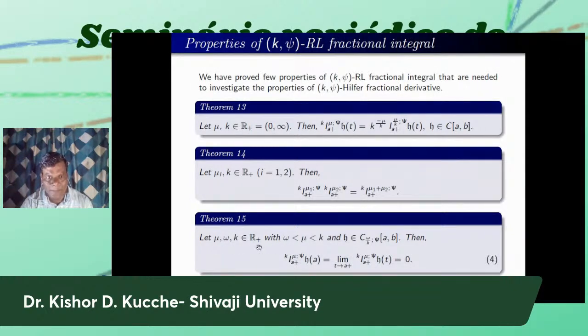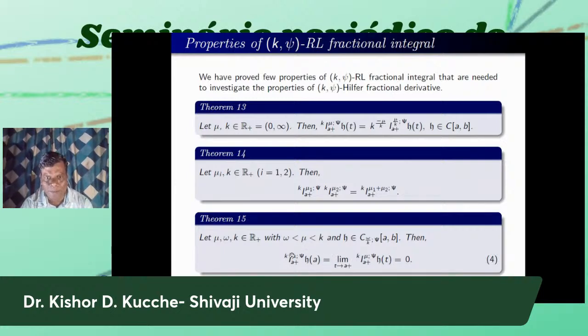And if we are considering the order of the K-Psi Riemann-Liouville fractional integral mu between these two parameters omega and k, where omega and k are positive real numbers, and if you are considering h in this weighted space with suffix omega by k, then the K-Psi Riemann-Liouville fractional integral of order mu, when we take t tending to a from the positive side, gives 0.